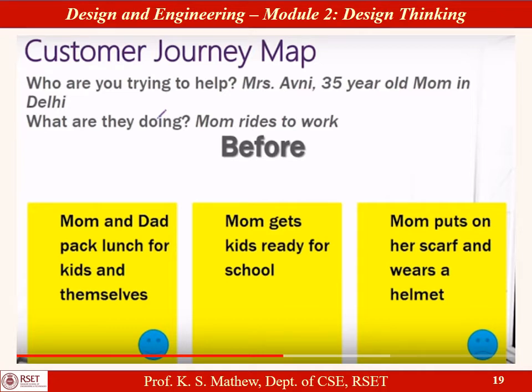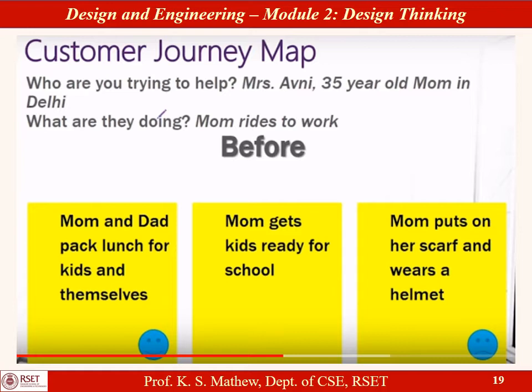So this is an example journey map of a lady, 35 years old, Mrs. Sanvi. She is a mom working in Delhi, and she usually goes to work by motorcycle. So we are trying to help this user improve her experience in commuting to work, right? Before she commutes to work, what happens? Mom and dad pack lunch for kids and themselves.